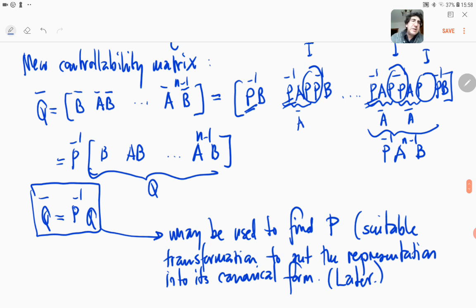At some point in your control lectures you will see how you can put the system into its canonical form directly.